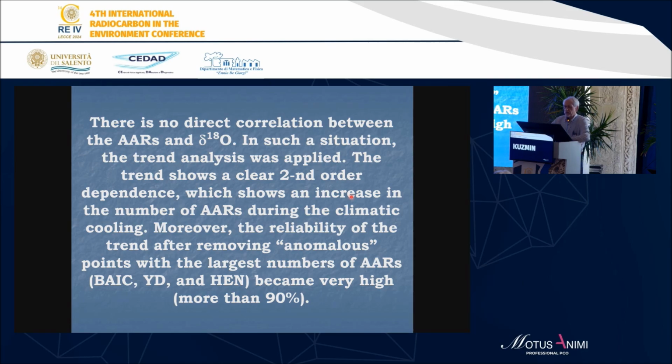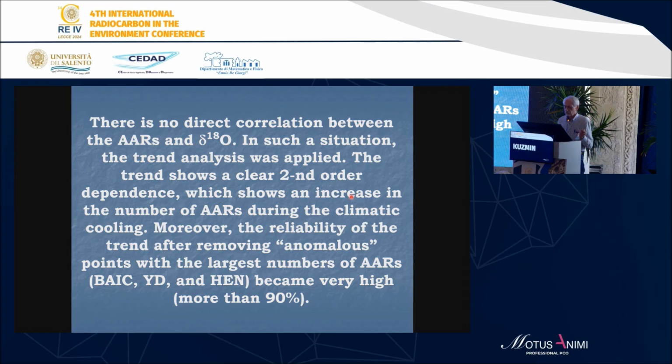What we think is that there is no direct correlation between the number of mammoths and the delta oxygen 18, which is a kind of temperature trend. So we tried to apply trend analysis. And we arrived at the preliminary conclusion that the trend is a clear second-order dependence, a polynomial, which shows an increase in the number of occurrences during climatic coolings.